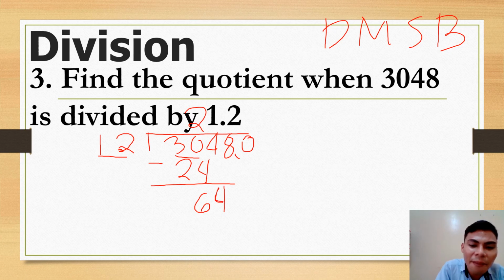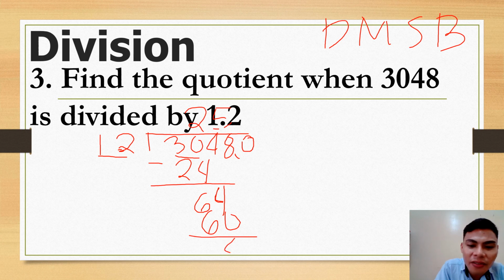So, ano ang pinakamalapit kaya na i-multiply natin ni 12 na magre-result ng 64? 5. Bakit, sir? 12 times 2, 24. 12 times 3, 36. 12 times 4, 48. 12 times 5, 60. 12 times 6, lagpas na, di ba?